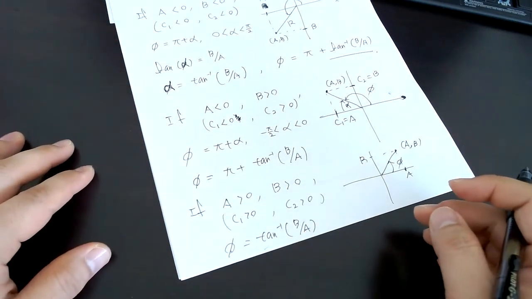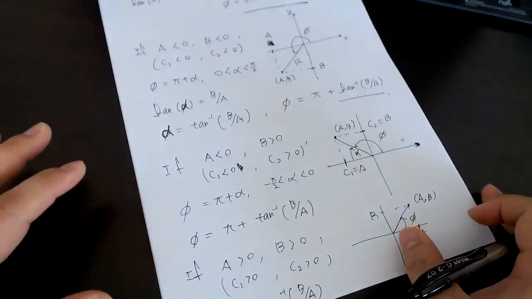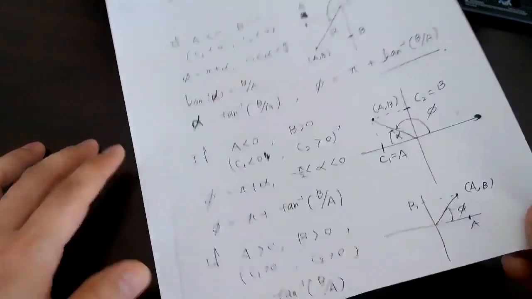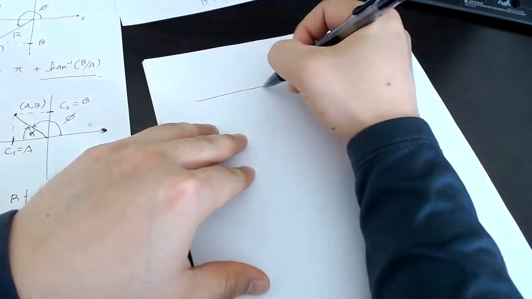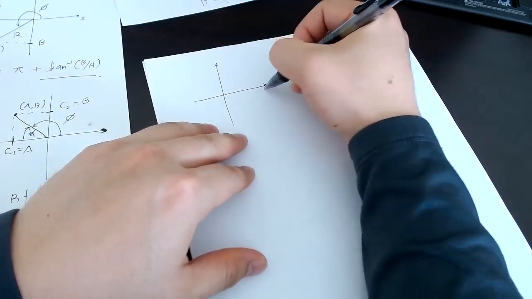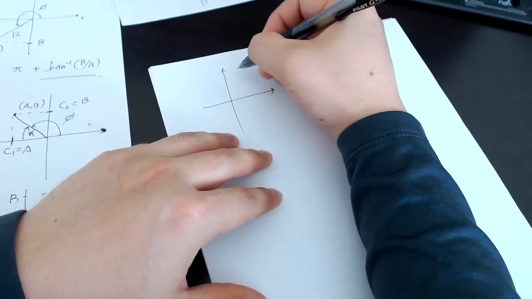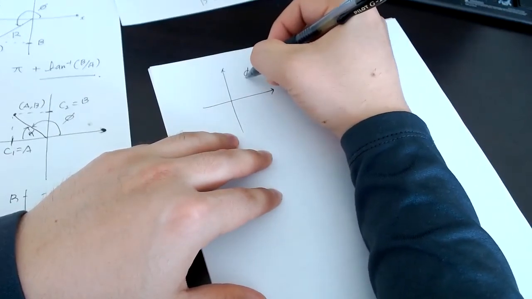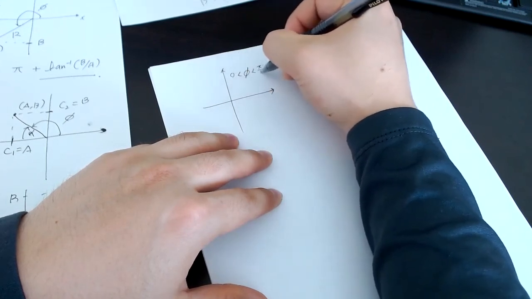Okay. And then that's why we got the formula. Okay. C1 in the first quadrant, pi is between 0 and pi over 2. Okay.